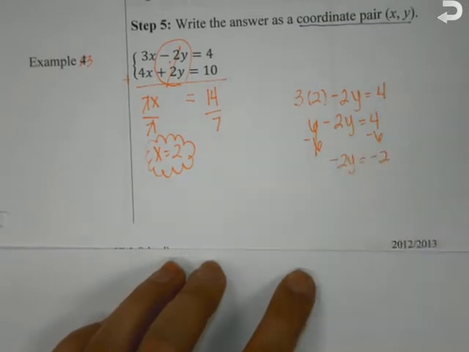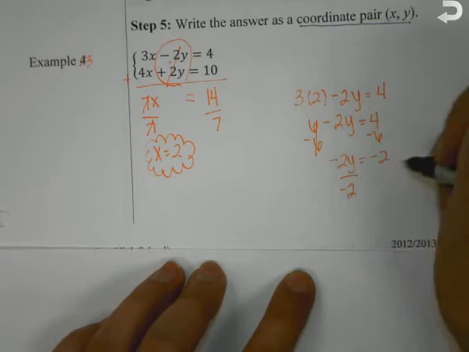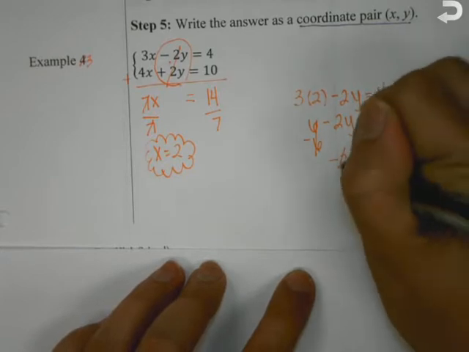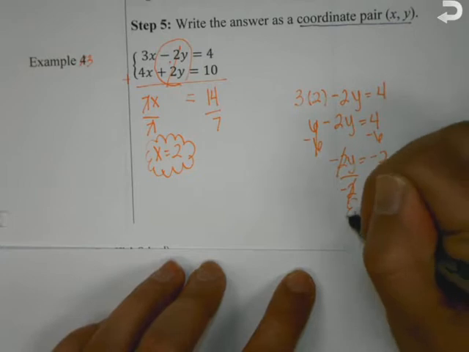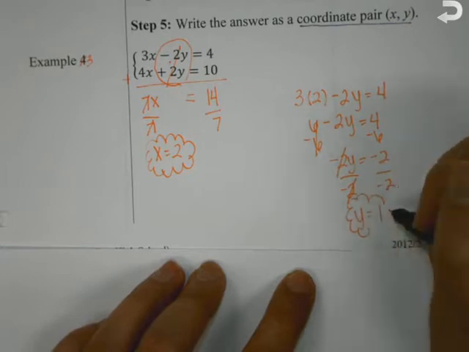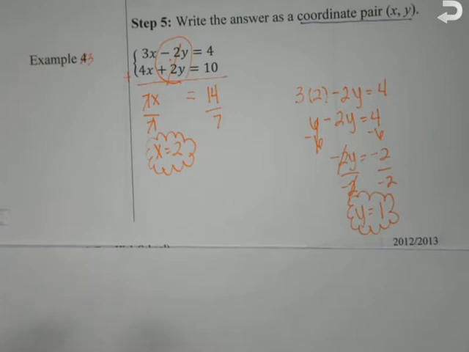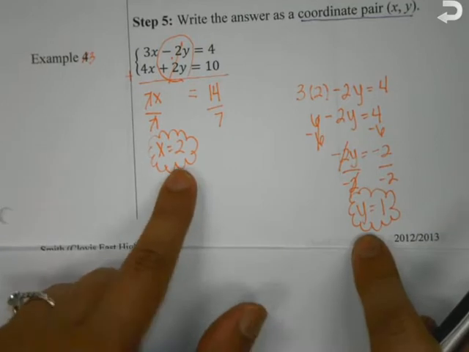Divide both sides by negative 2, so y equals 1. You okay? Okay, do not give me x equals 2, y equals 1 as your answer. Your answer needs to be in an ordered pair, (2, 1).